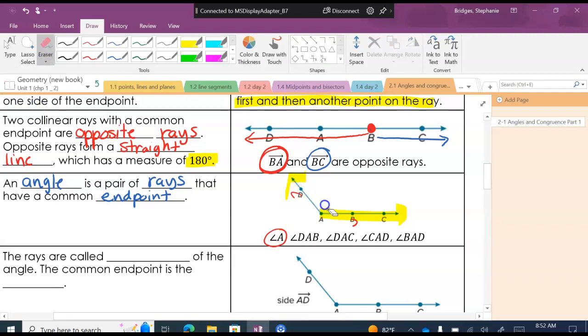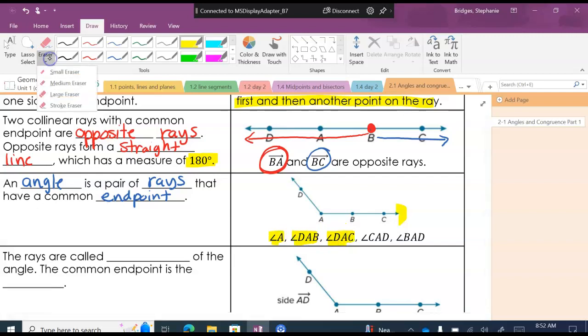All this is written right there under your picture. So we can call it angle A, angle DAB, angle DAC. And then with angles, you can reverse them. The only thing is the vertex must be listed in the middle. That corner letter has to be listed in the middle of my three letters that I'm using to name an angle.